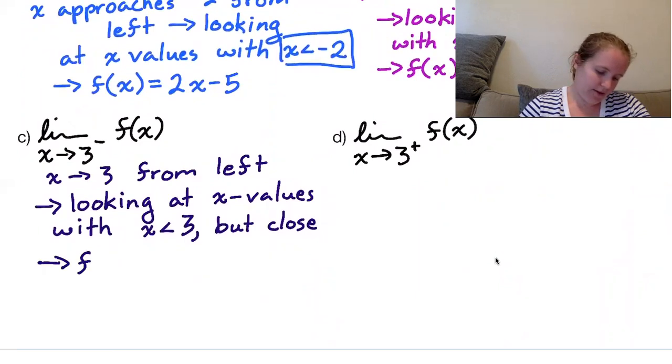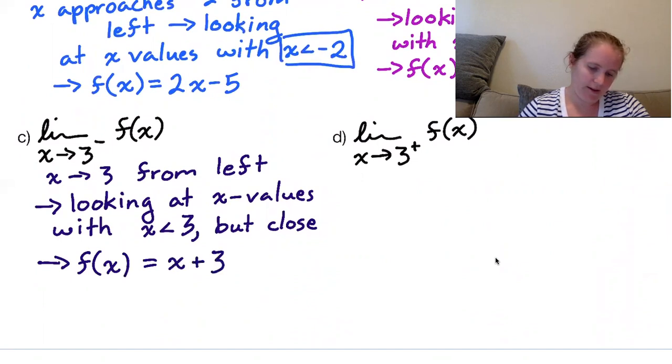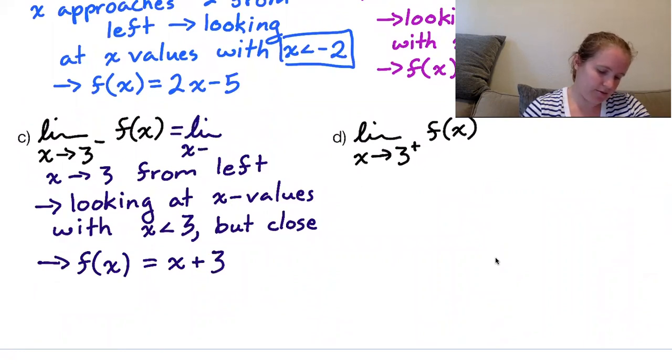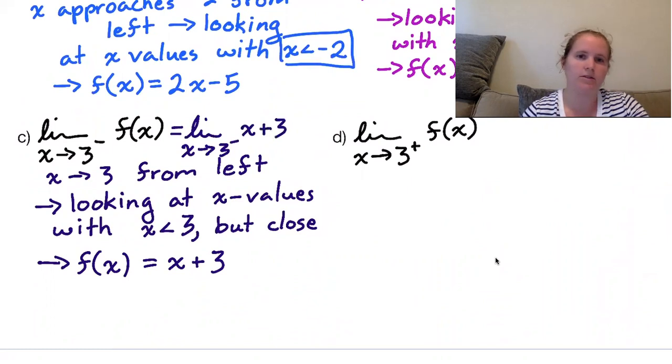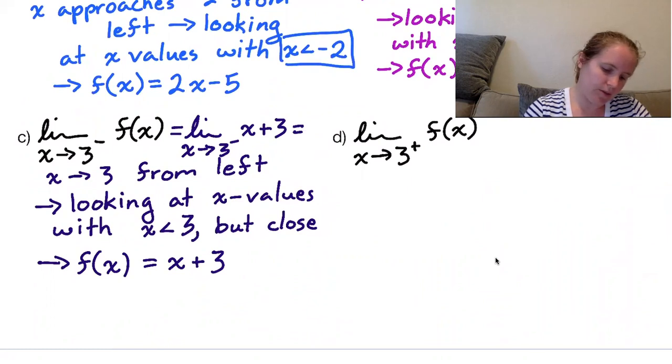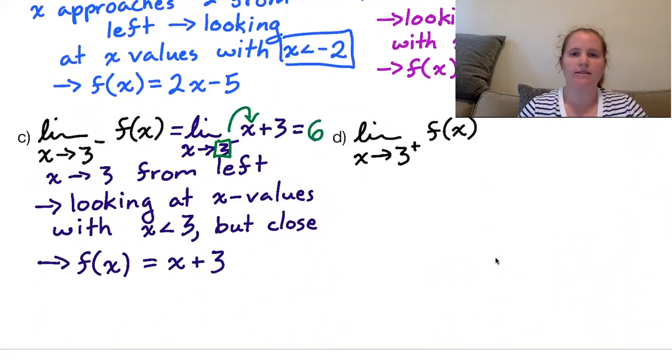So the limit as x approaches 3 from the left of f of x is the same as the limit of x plus 3 as x approaches 3 from the left. Once again, we can simply plug in, since we are working with a polynomial. Take that 3, plug it in, and we wind up with 6.